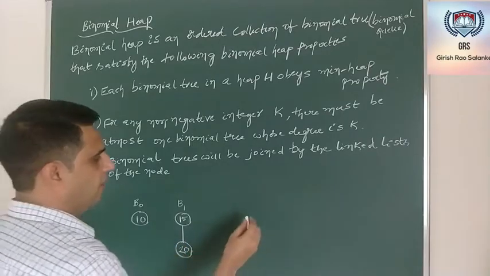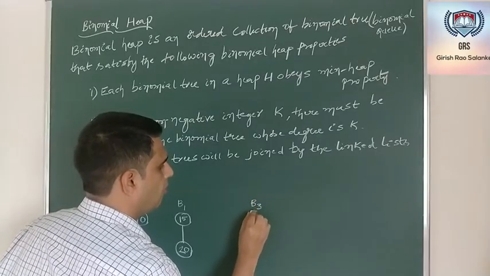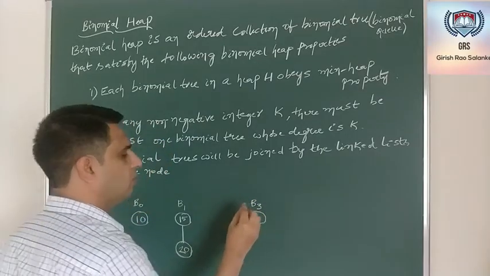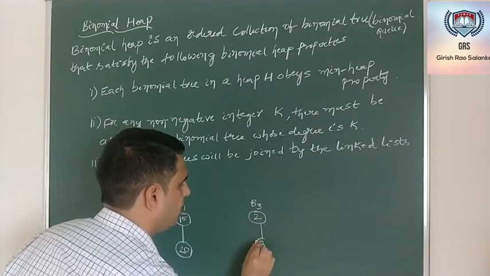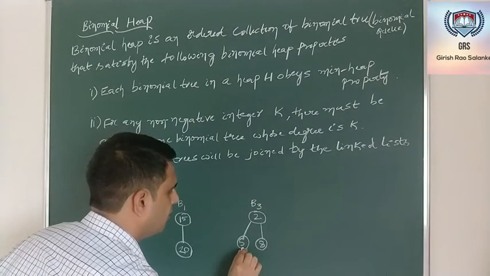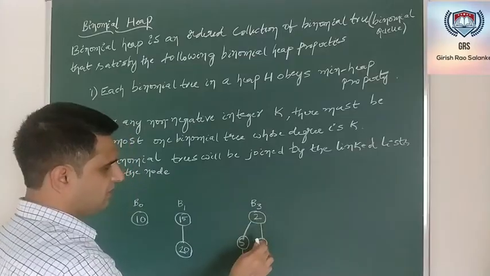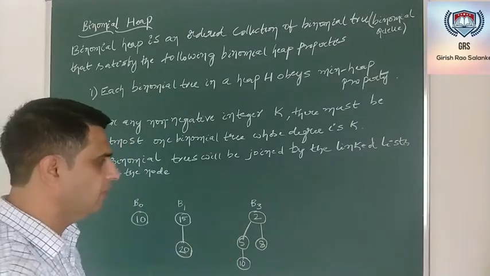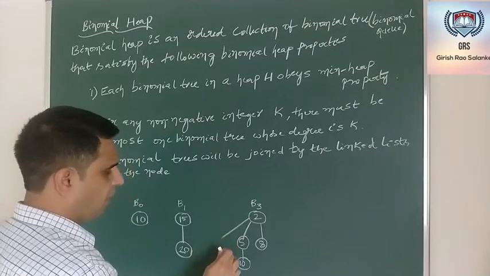This is B1. Now let me have B3. If I have my root node as 2, let me have 8 here, 5 here, 10 here. Is this a B3? No, this is a B2.